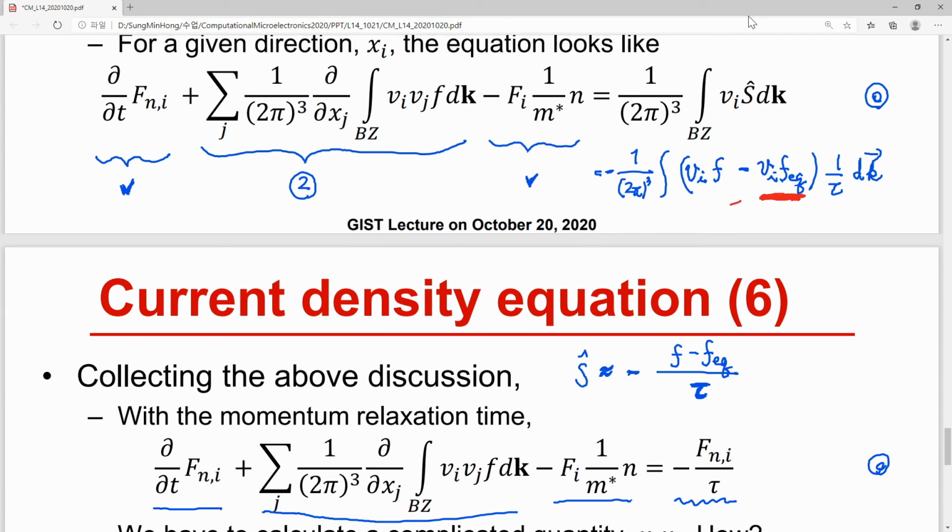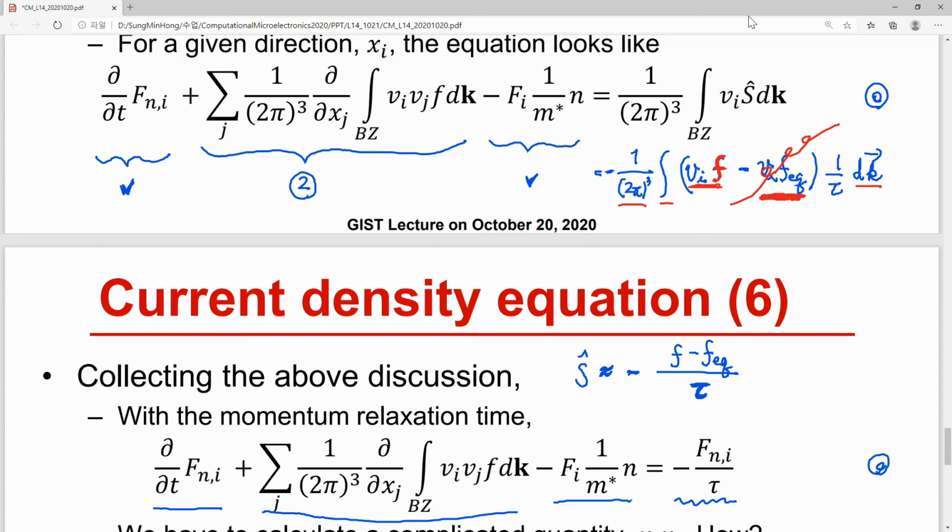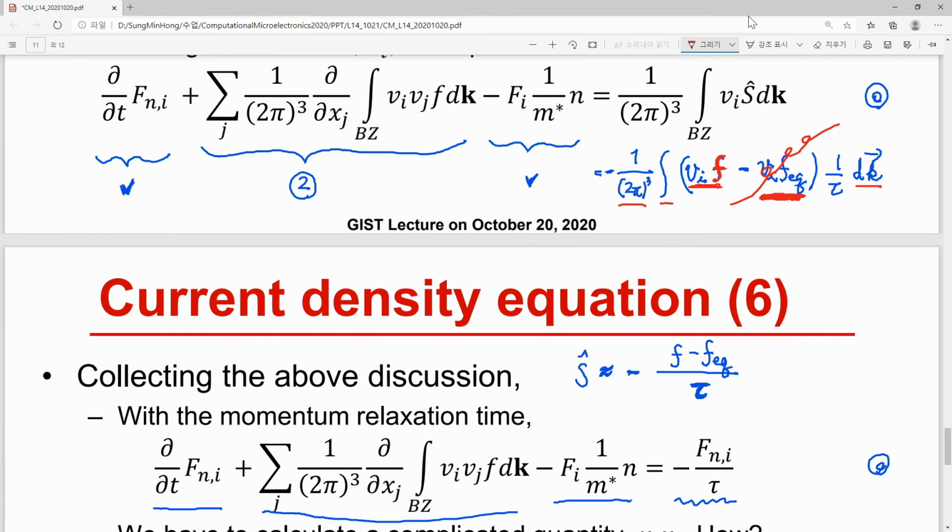So we don't care about this term. However, the first one, related with the real distribution function f, gives you the flux term. So shortly speaking, these will give you the xi directional component of your electron flux. And here you have an additional minus factor and 1 over tau.